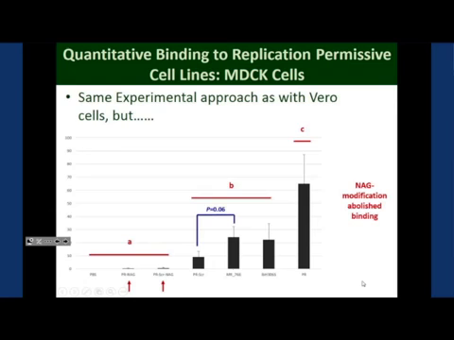Big difference was that we found when we nag-tagged it and then looked at the scrambled control, they were not only not different from each other, they were wildly different from the unglycosylated ones. They were no different than the PBS background, which to us, we looked at that and said, geez, it's almost like when you put the nag on it, it completely diminishes the ability of that motif to bind this type of cell.